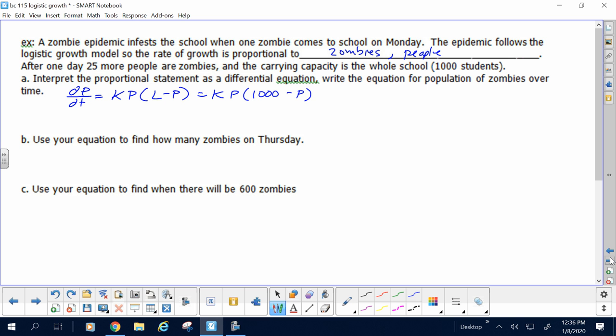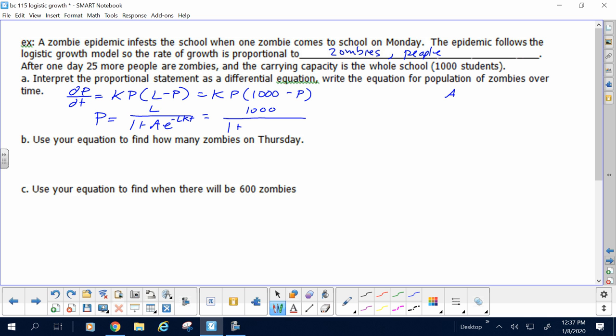Use your equation to find how many zombies, oh, that's a differential equation. Now I'm going to write the equation for population of zombies over time. So I need the population equation. So I know L over 1 plus A e to the negative LKt. What's L? 1,000. Okay.